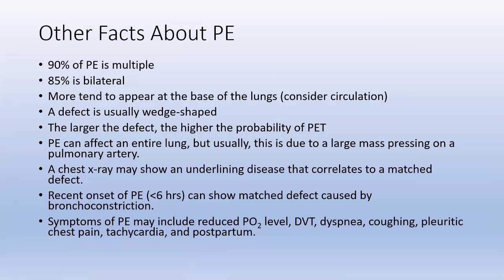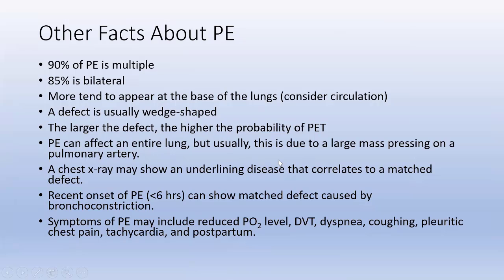Remember that we've got those segmental portions of the lung that I showed you earlier when I drew out those little red outlines for you in an earlier slide. The larger the defect, the higher the probability of PE, not PET, but PE. PE can also affect the entire lung, but that's unusual, although I've actually seen one in my experience.